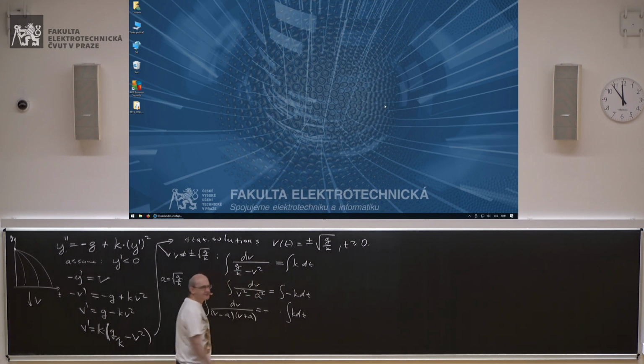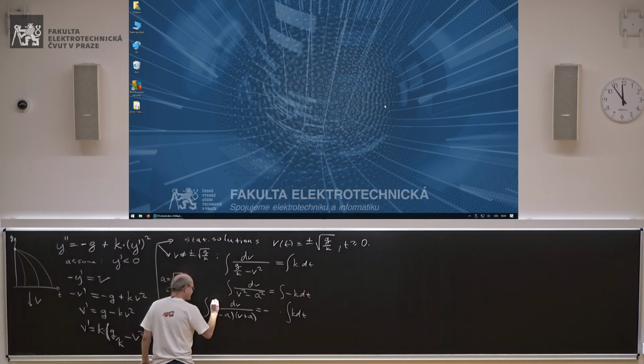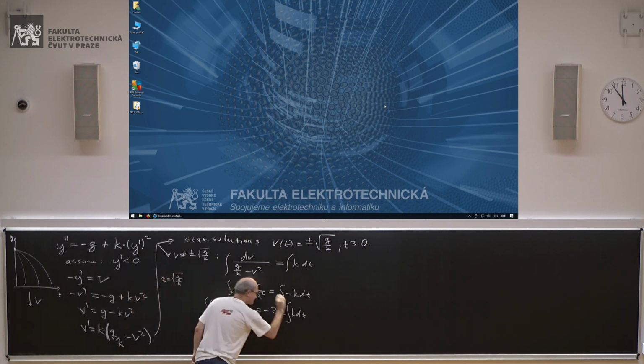Now I left some room here because I will do another trick. I have been doing this partial fractions decomposition a lot in my calculus course, and students as well, and we have some experience with how this will go. So I know from experience that it would be really nice to have 2a here. And if I want to have it here, I also have to have it over here. Okay?